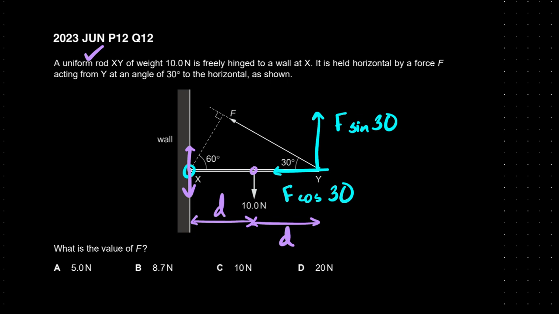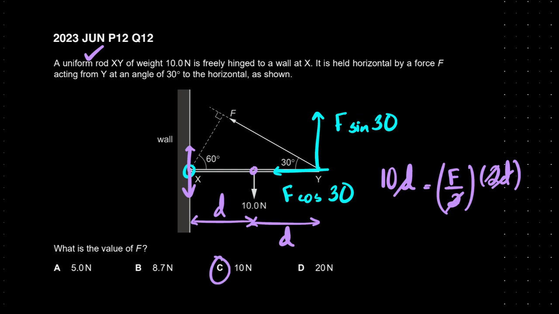So what I would then write as the equation here, I would say that the moment of the 10 Newton force would be 10 times D, and this one would be F sine theta times all of this distance, which would be 2D. So F by 2 times 2D. So F is just 10. All right. That's the idea here.